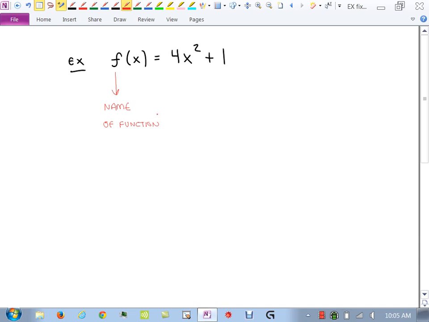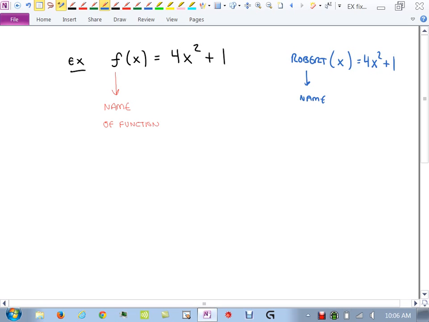Now I will point out also, I could name a function if I wanted to. This will never happen in this class. But I could write a function like that, and the name of that function would be Robert. Okay, so it can be anything. Like in a business class, if anyone goes on to take like 1324, 1325 business math, you have cost functions, revenue functions, and sometimes they'll put the actual full name of what it is in front. Okay, but that's the name right there.